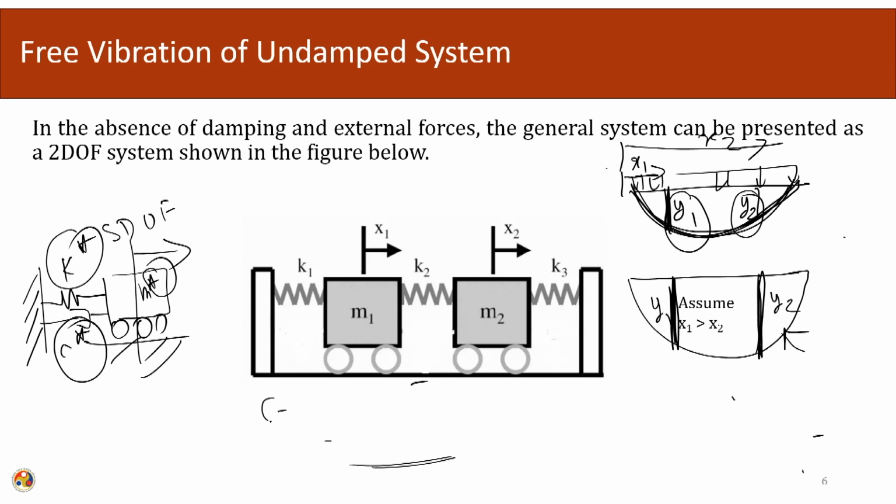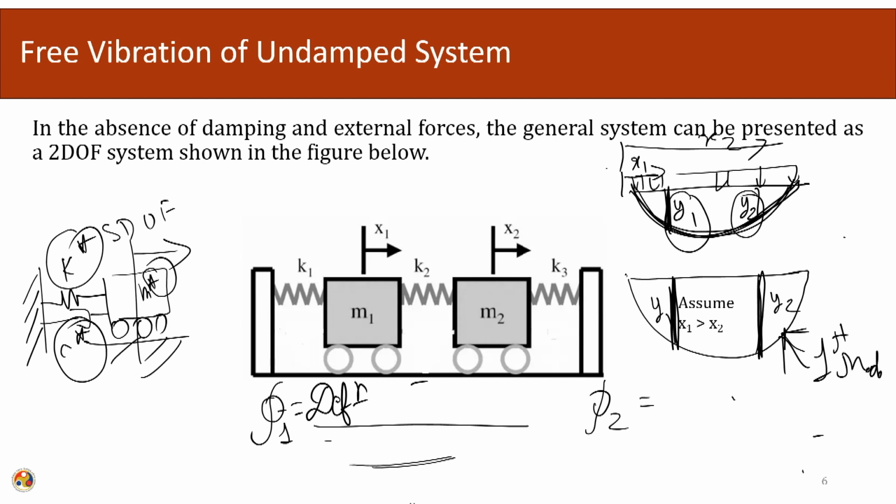So, we again construct our shape functions, phi1 and phi2. The deflection equation remains the same because we are taking the first mode, which is mimicked by this deflection equation. So, the numerator remains the same for the two shape functions, because the deflected shape is the same.